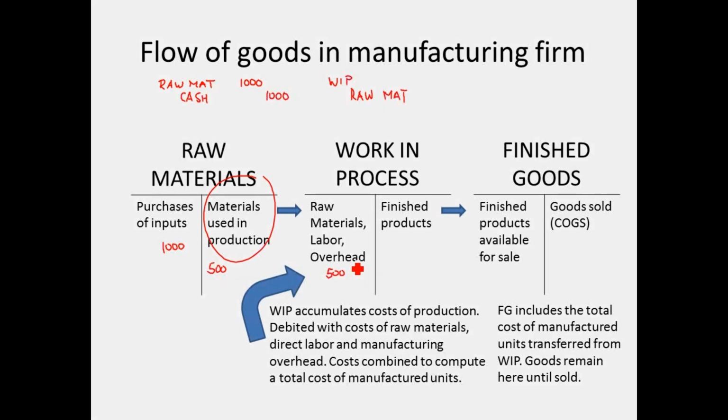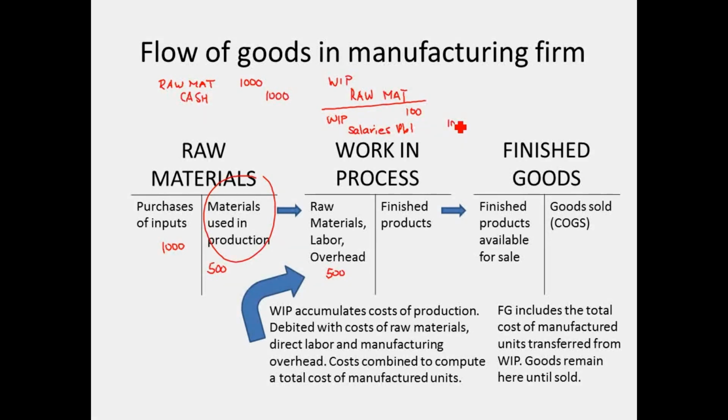Then my employees start working on it, and I pay them salaries. They're working on this table that we're making, so I have work in process, and salaries payable or cash. Let's say I have a couple of employees, their time is $100, they've been working on the table.